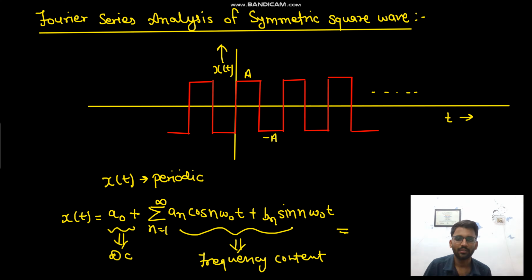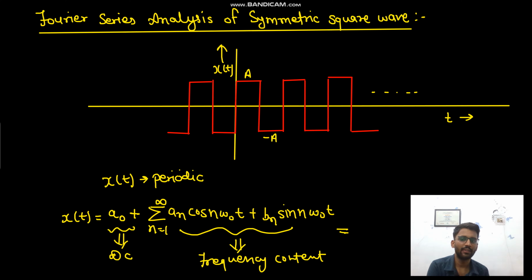So any signal can be broken into this form. Now in this question, our DC value: this is T, this is 2T, and here this is minus T. So our DC value a naught is 0, right?